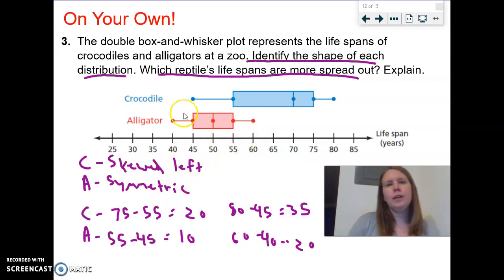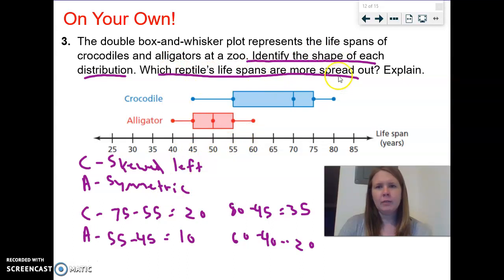So then when I get to the other part, which reptiles' lifespans are more spread out, what I did is I took the IQR of my crocodile and my alligator. So I'm taking from that right side of the box to the left side. So for my alligator, it's 55 minus 45, which is 10. My crocodile, it's 75 minus 55, which is 20.